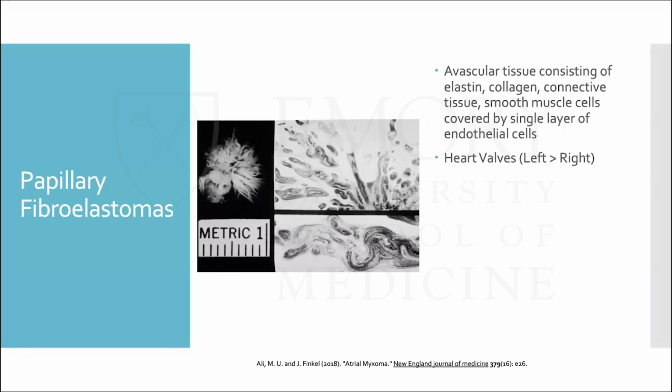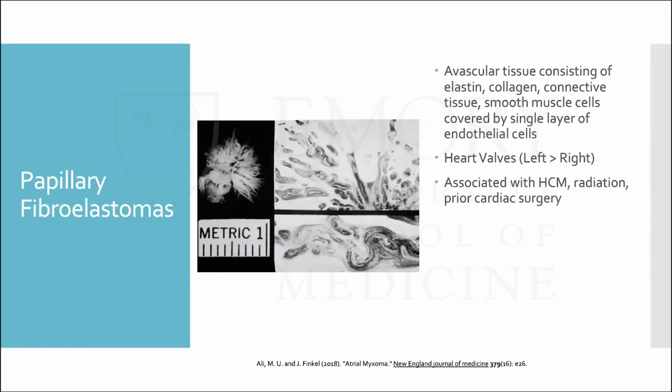But 22% of these benign tumors actually do not occur on valves, and they can occur on any endothelialized surface in the heart. So there have been reports of these tumors occurring on pacemaker devices, on ICD leads, or pacemaker leads.